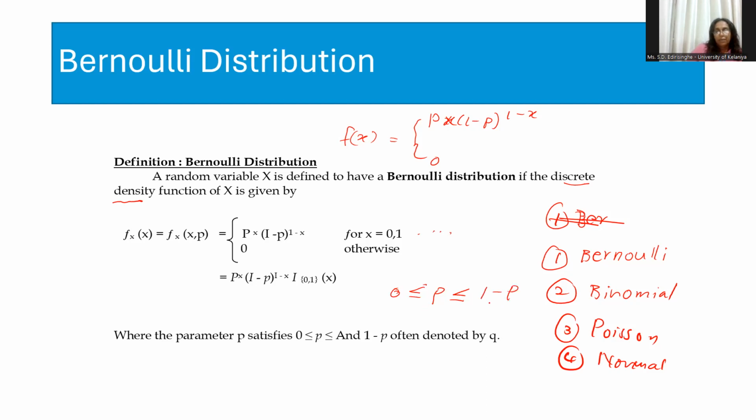There are two situations: p plus q equals 1. So p equals 1 minus q.